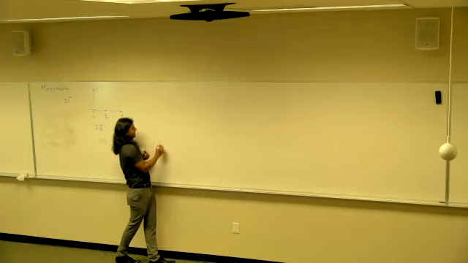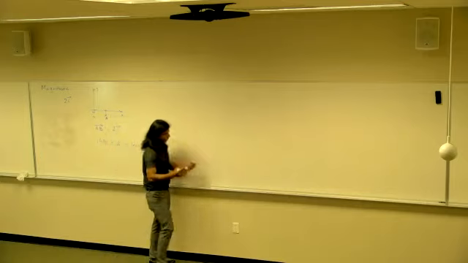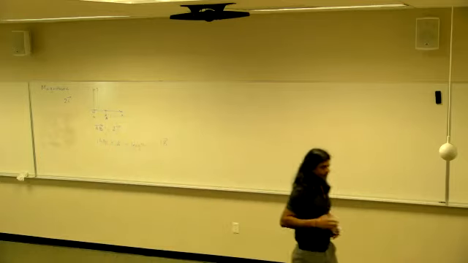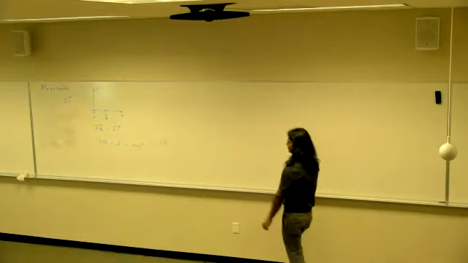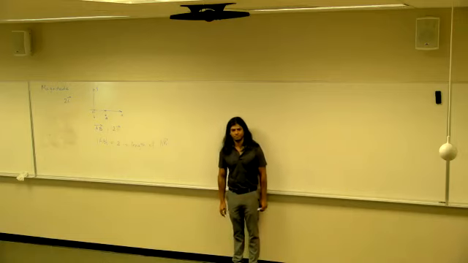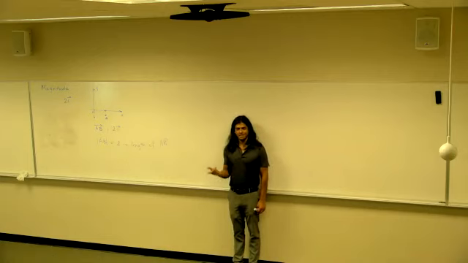I'll just write it as AB vector. Good. Now, what we know as length up there is also magnitude. Okay, magnitude, also known as length, magnitude, distance.